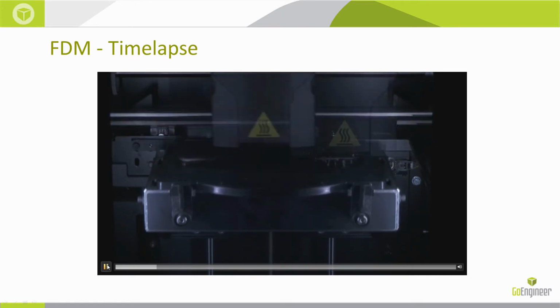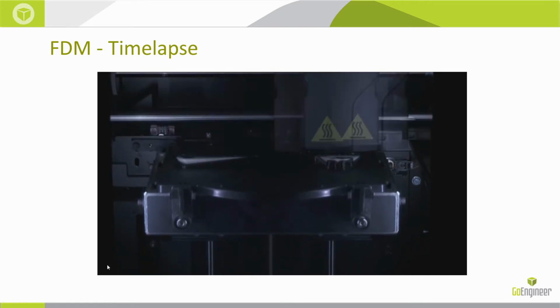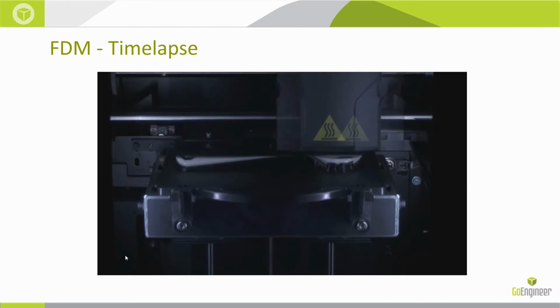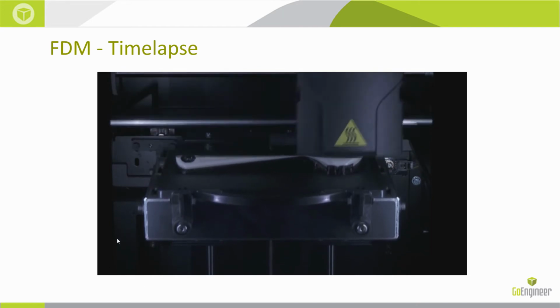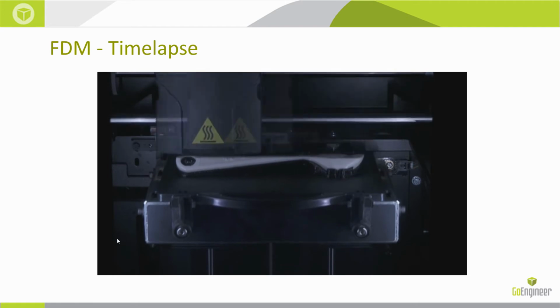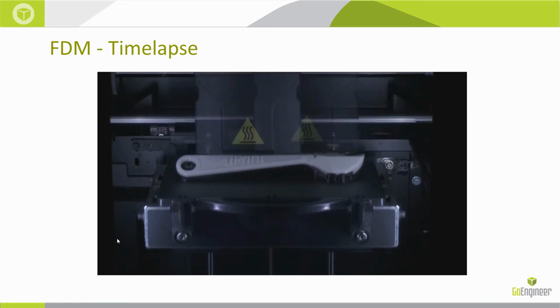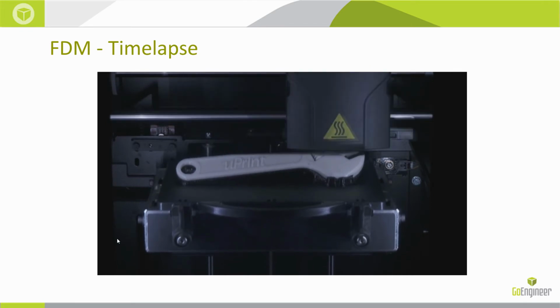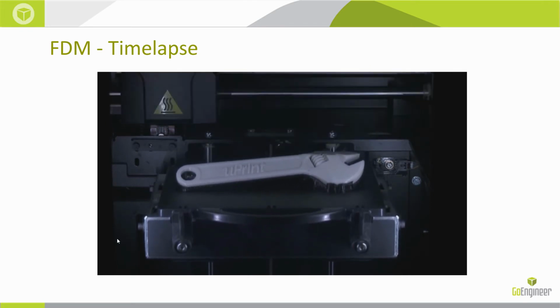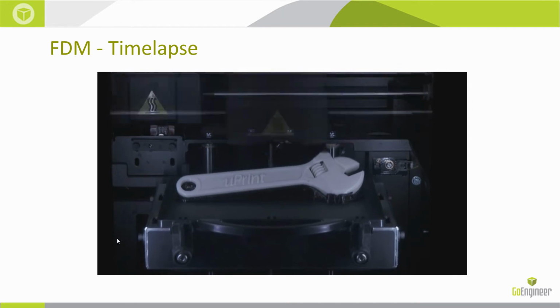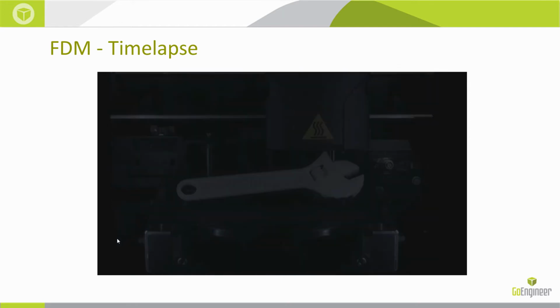As this prints along, we're going to start to notice 2 colors of material appear. We have a white color and kind of a root beer color. The white material is the model material. This is the material that's being used to print the end product. Okay, so it looks like we got a wrench there.